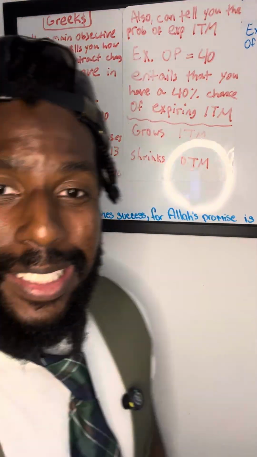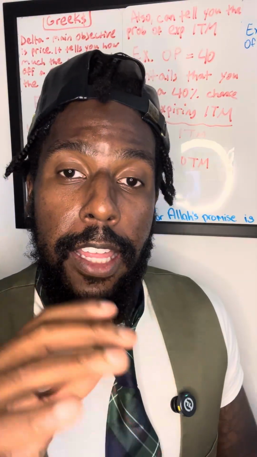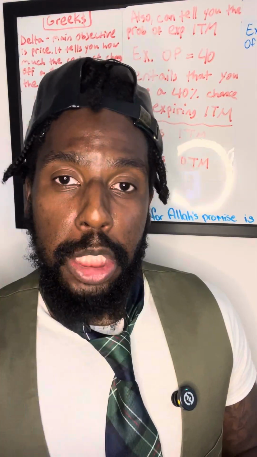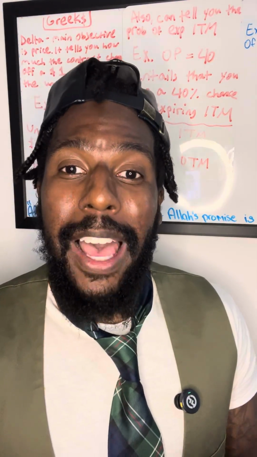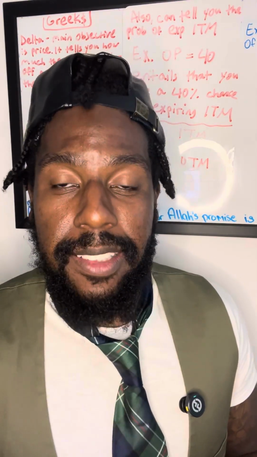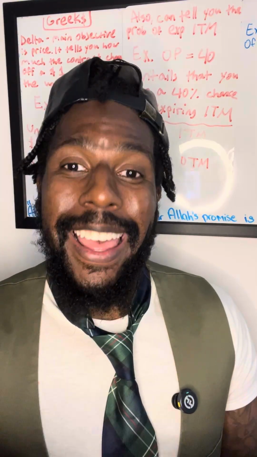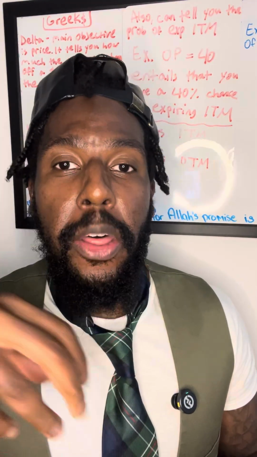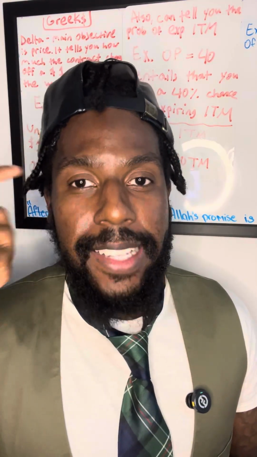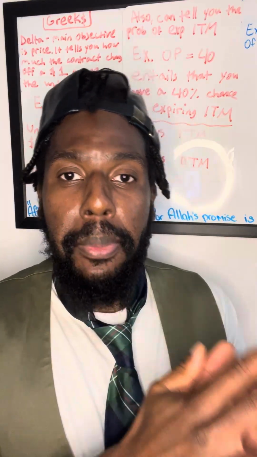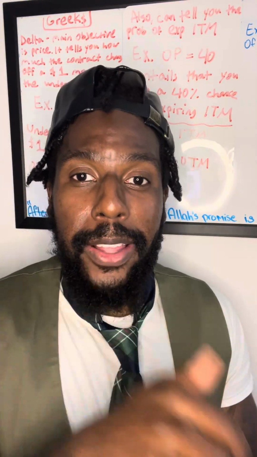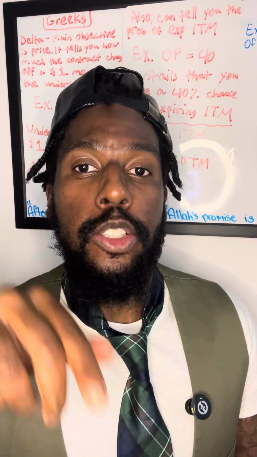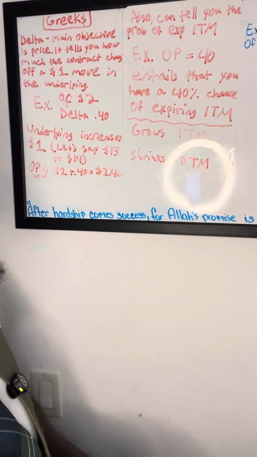So if the delta of your options contract is 0.40, essentially what that tells you is you have a 40% chance of the options contract expiring in the money. So that can tell you a lot from a buyer standpoint or a seller standpoint. Of course, the two differ depending on which side of the contract you stand on.